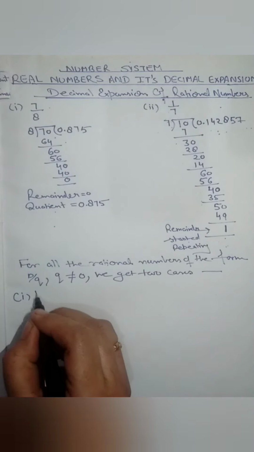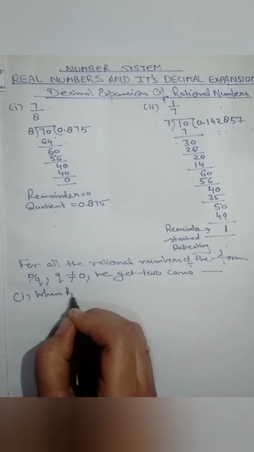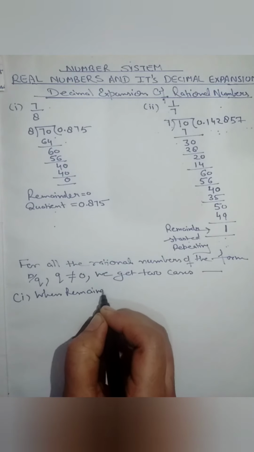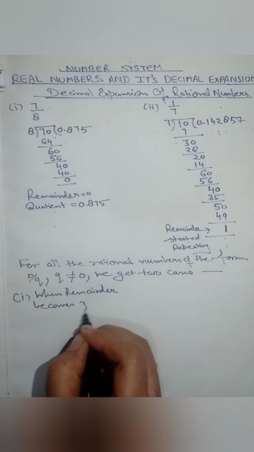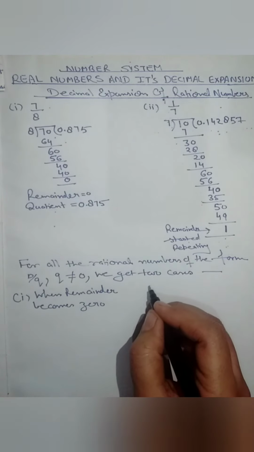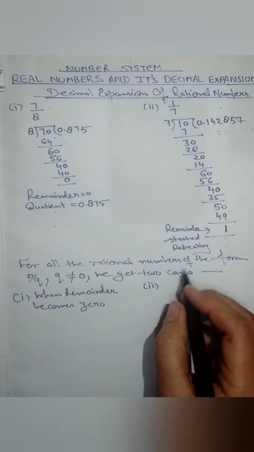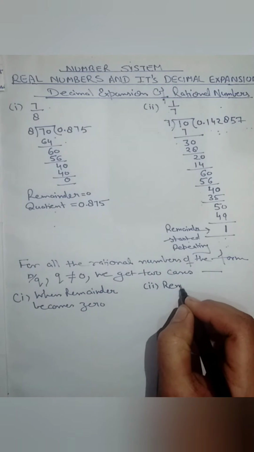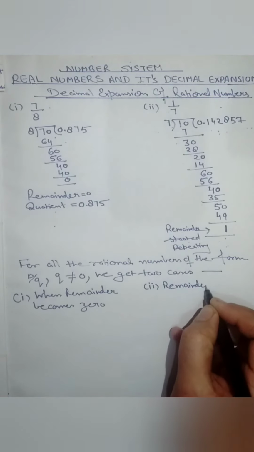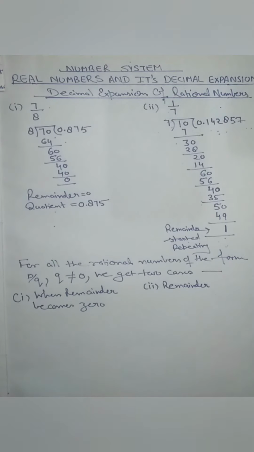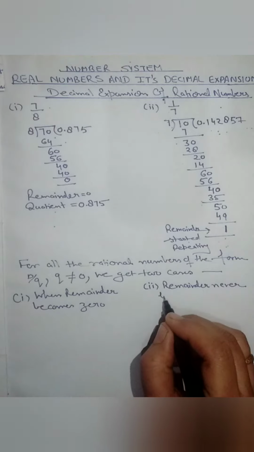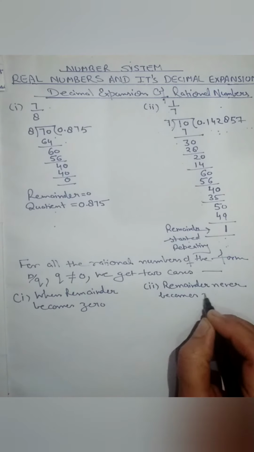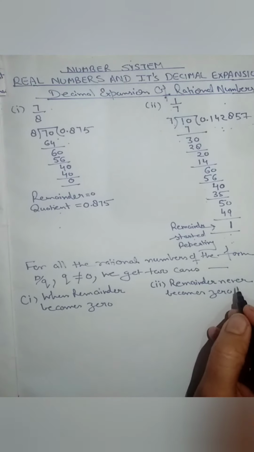First case, when remainder becomes 0, and the other case in which remainder never becomes 0.